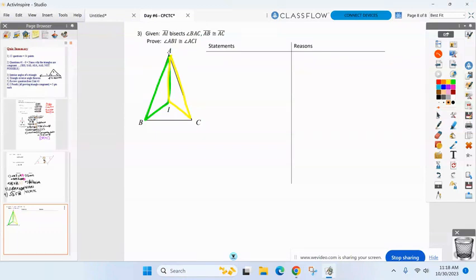All right, how are we going to do it? Let's figure that out. Let's mark everything and write it in.